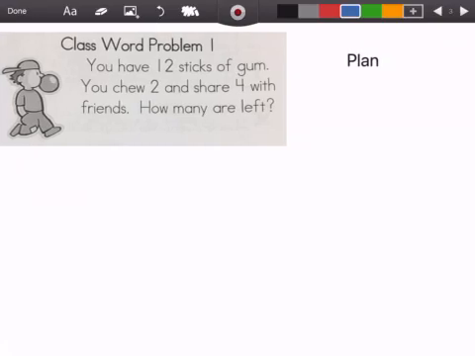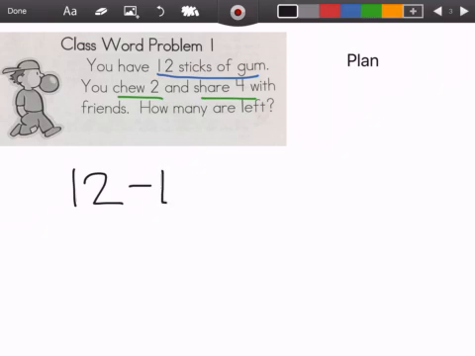So let's make a plan. And we have those 12 that we're starting with, chewing 2, and sharing 4. So, maybe I can make some sort of equation. If we start with 12, and we're going to get rid of some, that's how many we're getting rid of, then we will have something left over.